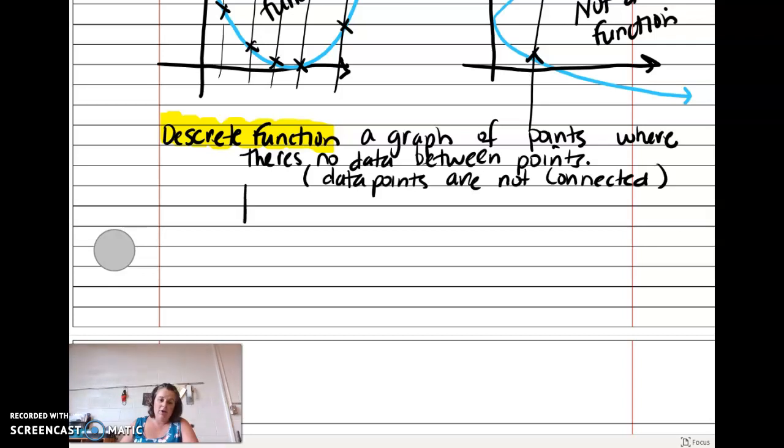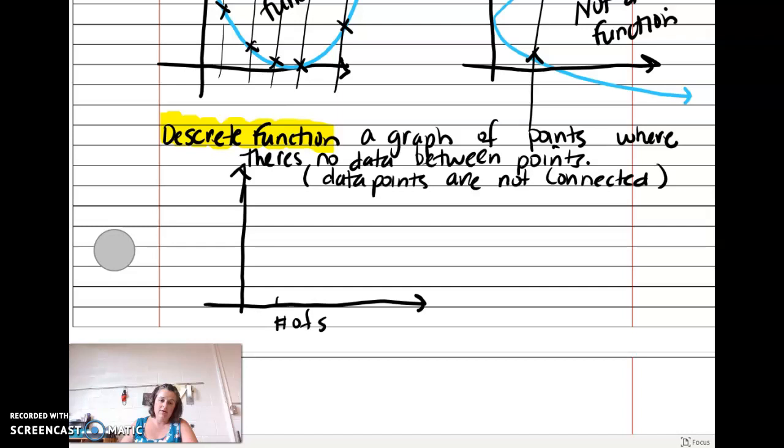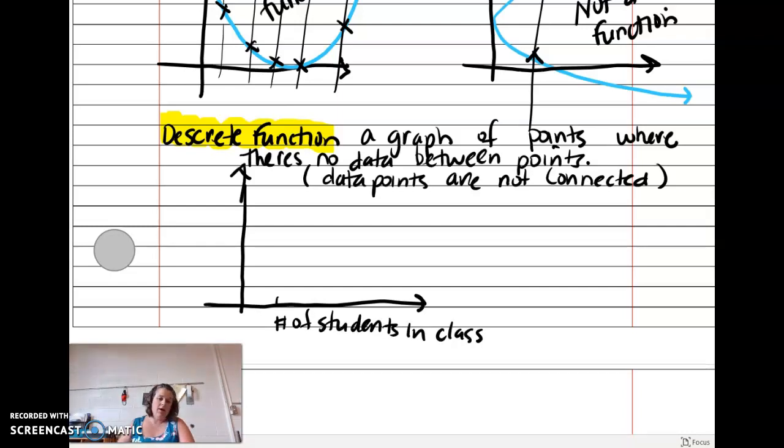So like a graph of numbered things usually. If I did the number of students in class, and then their number of siblings. Student 1 has 1 sibling, student 2 has, I don't know, 4, student 3 has 2, student 4 has, I don't know, this many.